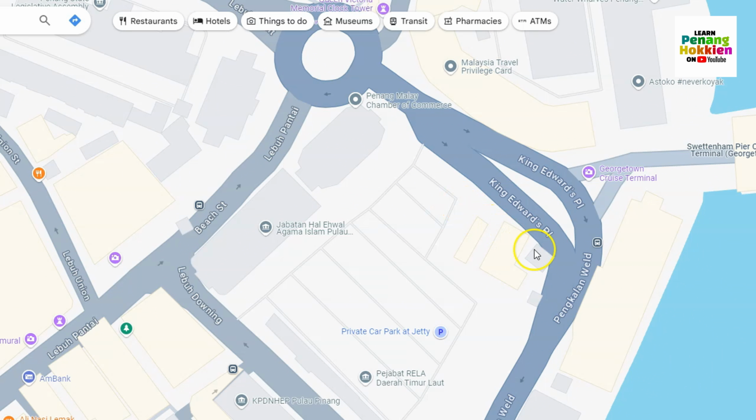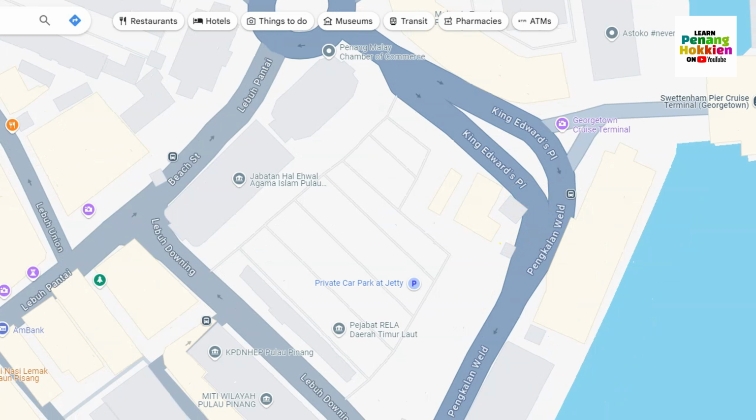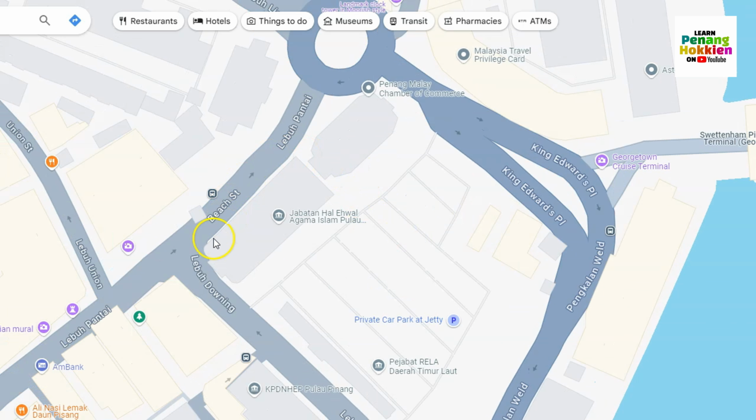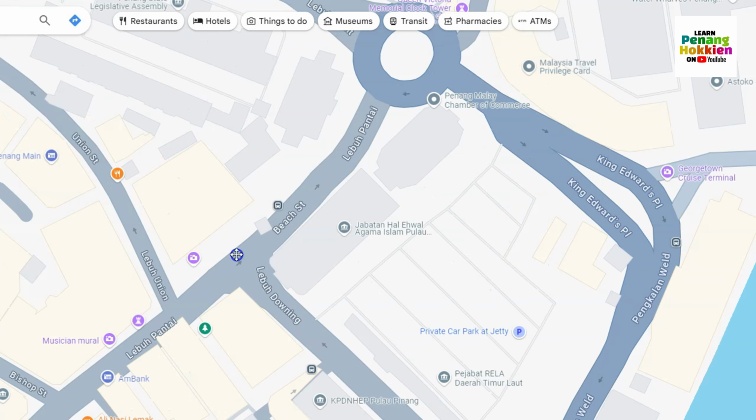The first portion was built along King Edward Place, and then this section was built in 1891, and then another section was built at the early part of the 20th century, so that it forms an ensemble that is a U shape like that. But today, only this portion is standing because all of this was bombed and destroyed during the Second World War. So only this part is available today.